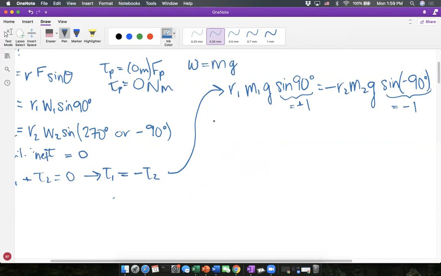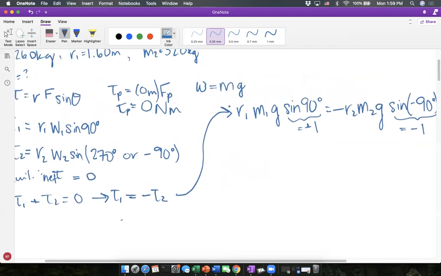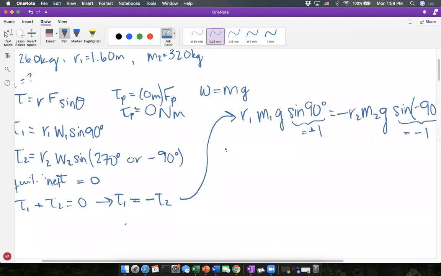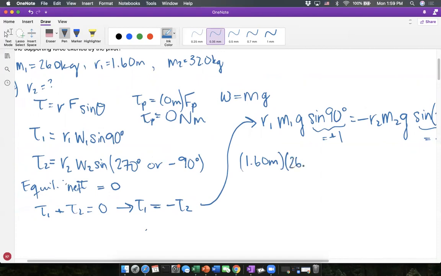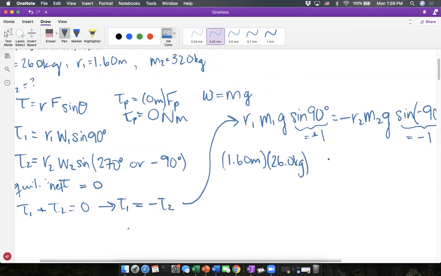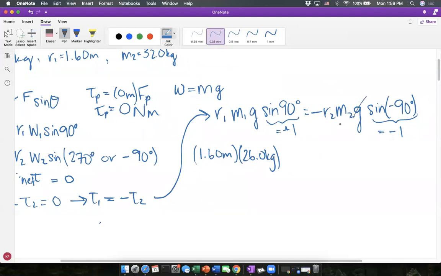Now we can plug our values in. R1 is 1.6 meters, and m1 is 26 kilograms. We have g on both sides, so those can cancel, and that's just times 1 equals R2, which is what we're looking for, times m2, which is 32 kilograms.